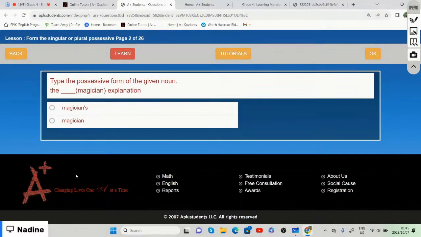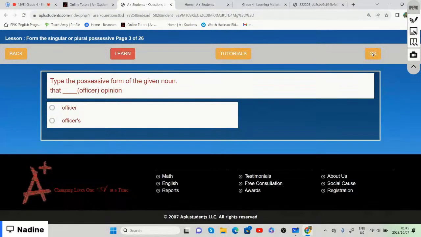Magician's or magician? And if we choose the possessive form, we will say magician's because we add our apostrophe as well as our S to show the possessive form of the given noun.